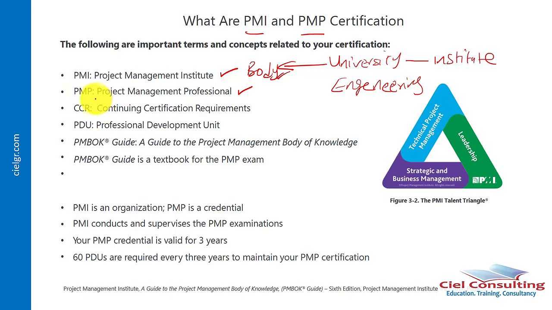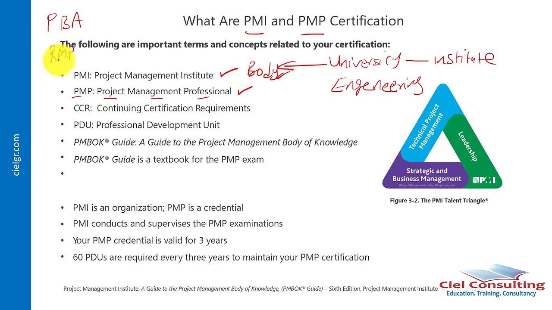Same, the PMI also offers a course in project management known as the Project Management Professional, which for short we refer to as the PMP. Of course, don't forget that the PMI also has other certifications. For example, there's the PMI-RMP, that is the Risk Management Professional. There's also the PMI-PBA, that is the PMI business analysis.